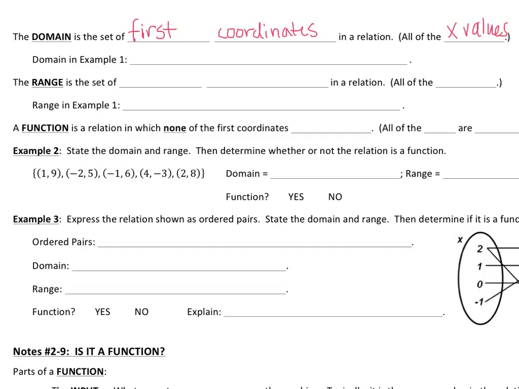So going back to our first example, the domain would be, we're going to use these little curly parentheses called brackets.